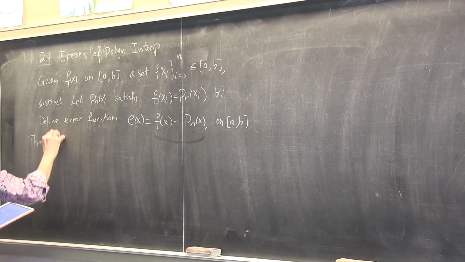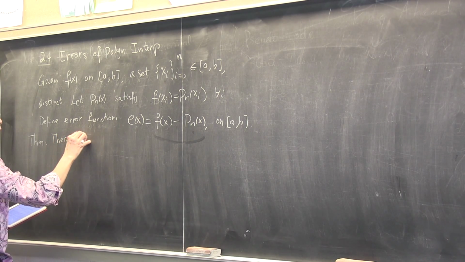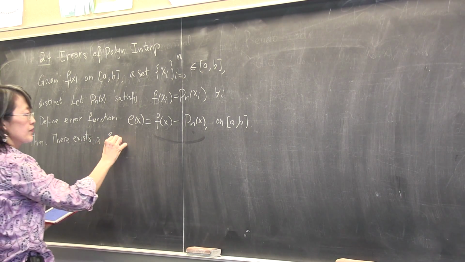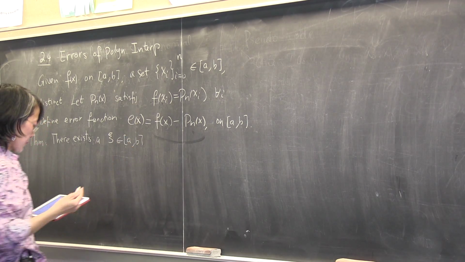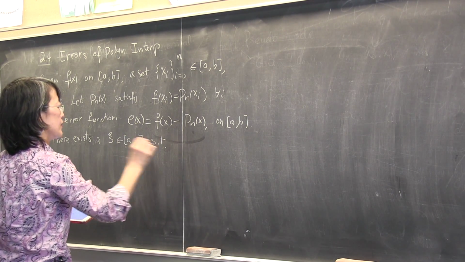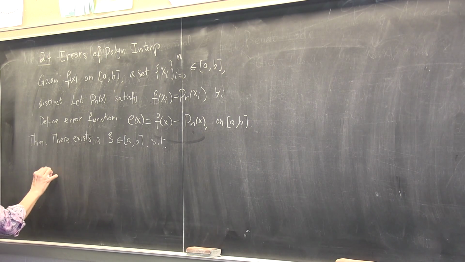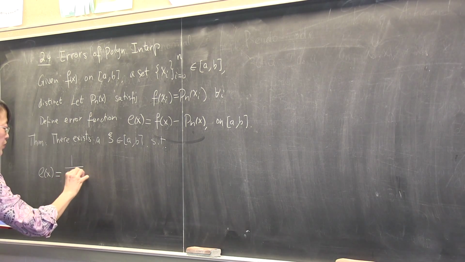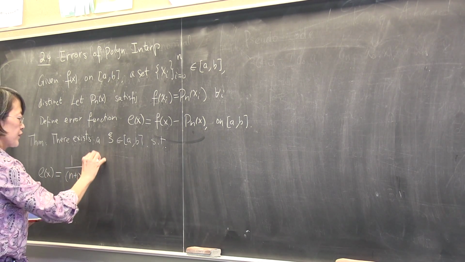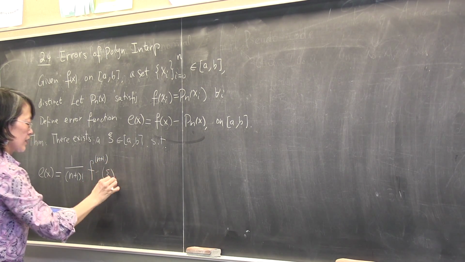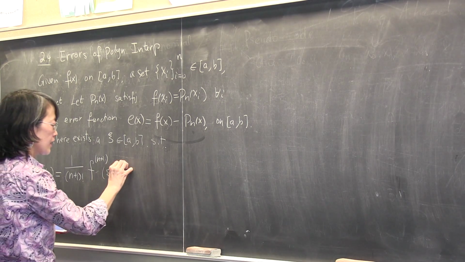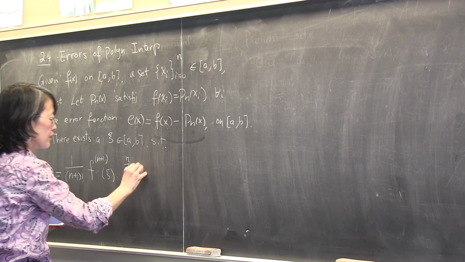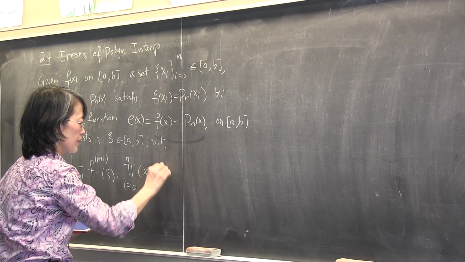So it says there exists some value psi on the interval from a to b, I don't know exactly where, such that the following holds: the error is exactly equal to 1 over n plus 1 factorial times f to the n plus 1 derivative evaluated at psi times the product i from 0 to n of x minus xi.